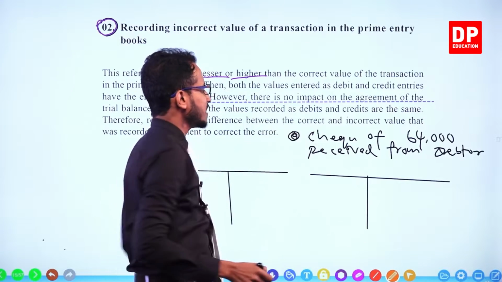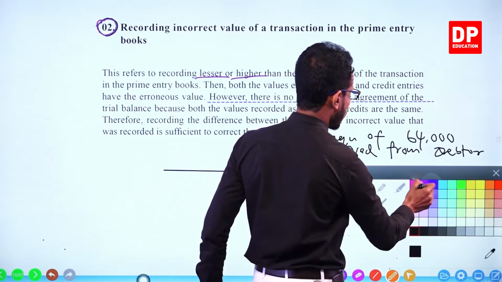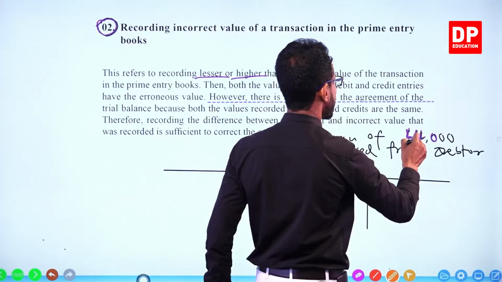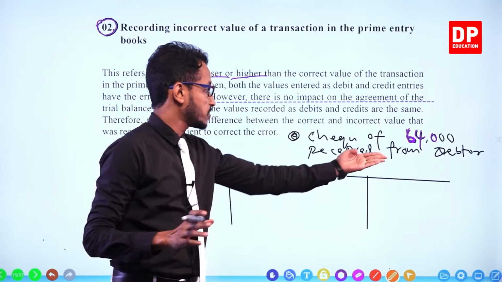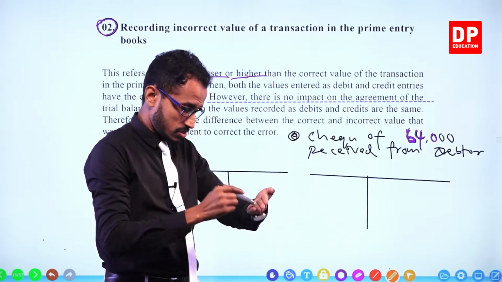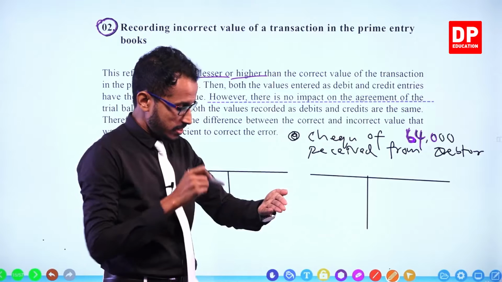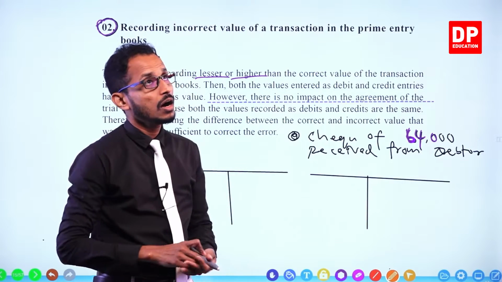This is the transaction. He looks at the value 64,000. And he thinks, okay, we received the check now, 64,000. Received from whom? A debtor. Who gave this check to us?